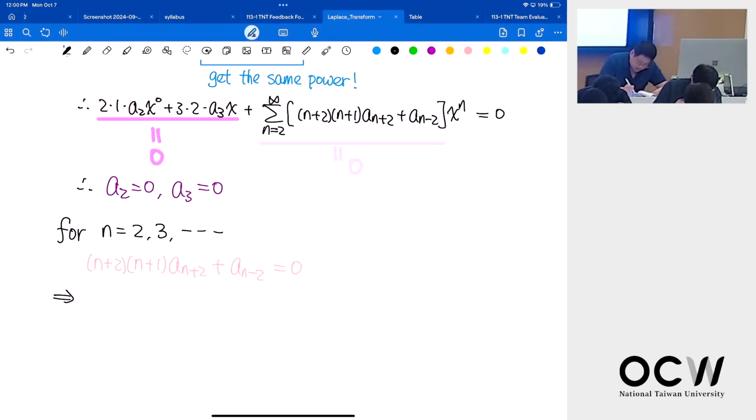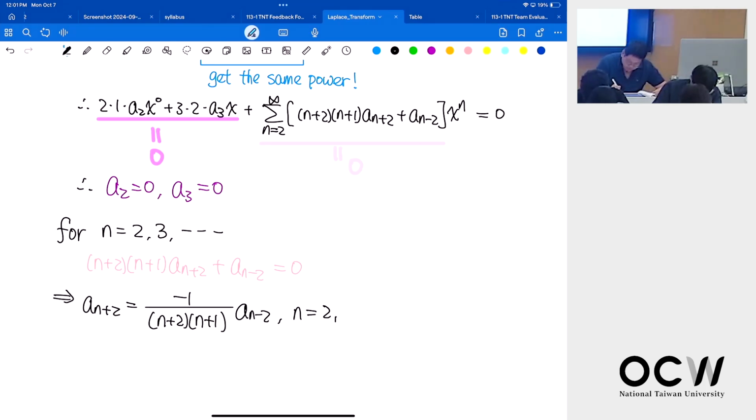Then we have a_(m+2) will be minus 1 over (n plus 2)(n plus 1) times a_(n-2). This n is from 2 to infinity.